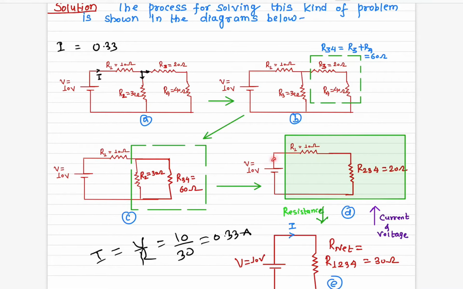The current in the circuit is I, and it passes through R1, and the same current is now passing through R234. And R234 is the combination of R2 and R34. So let's find out what is the voltage drop across R234.